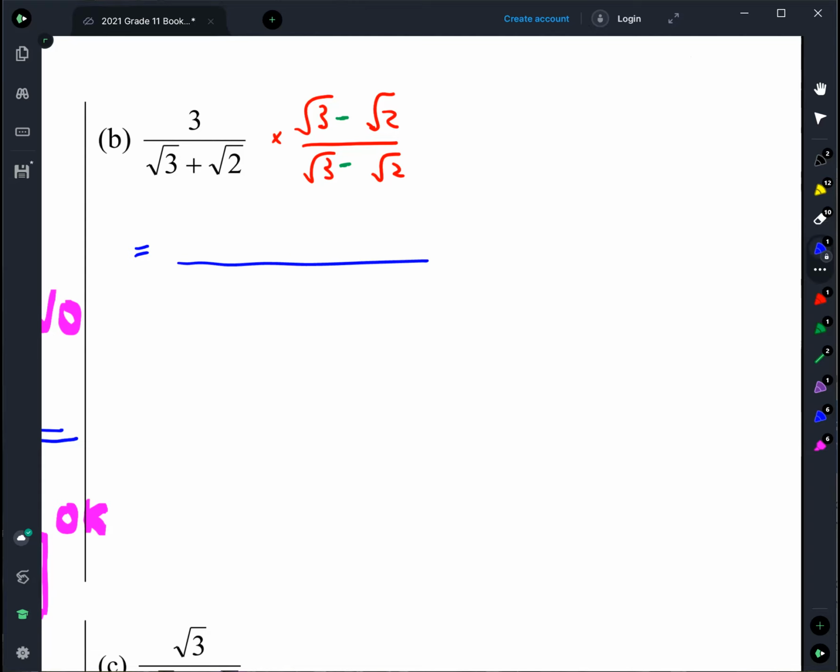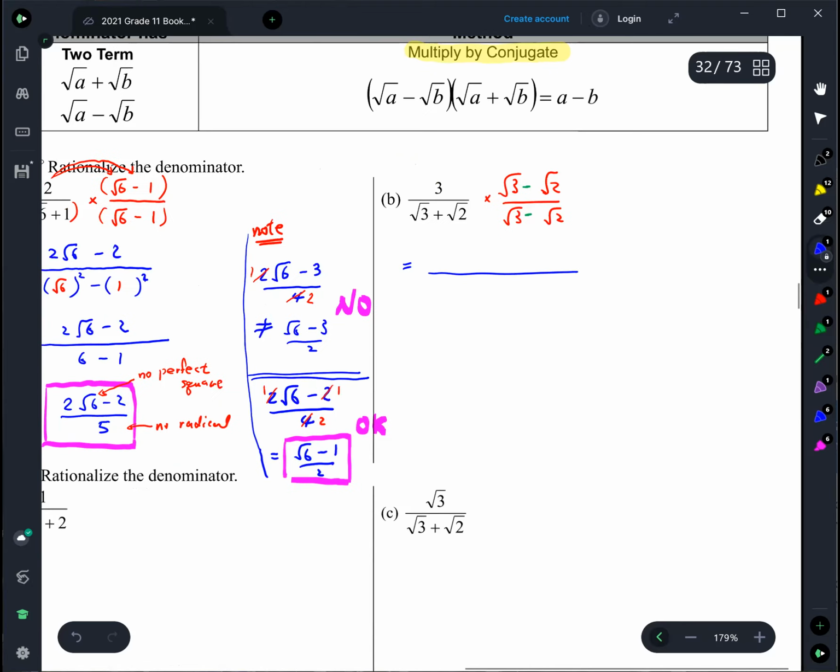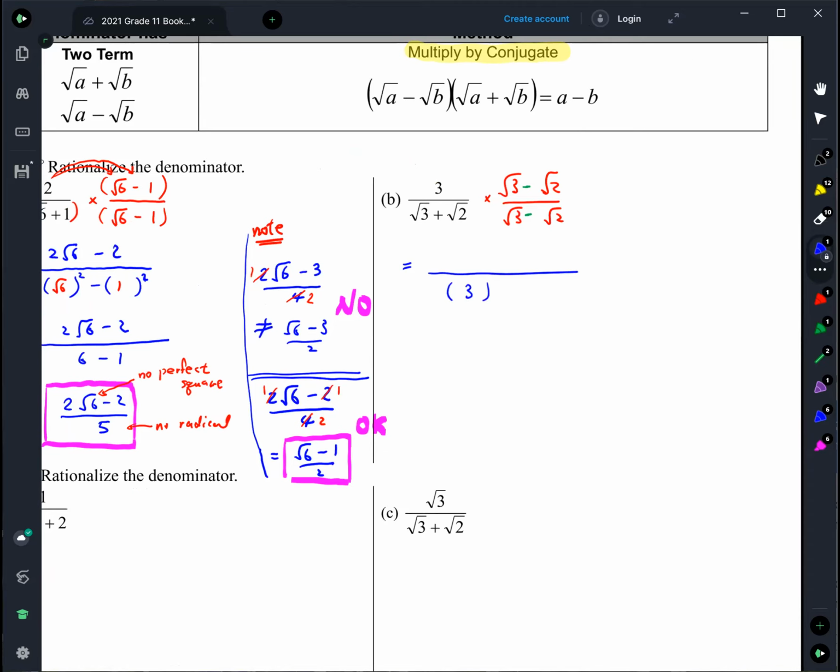And let's have Enya. What happens in the denominator now? For the denominator, it multiplies into 3. Okay, so basically √3 to the power 2 minus √2 to the power 2.